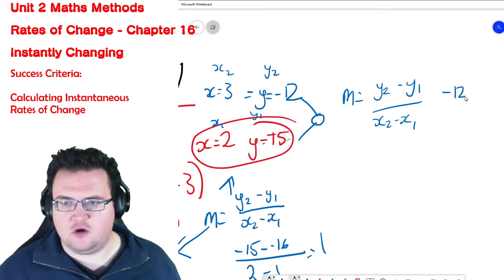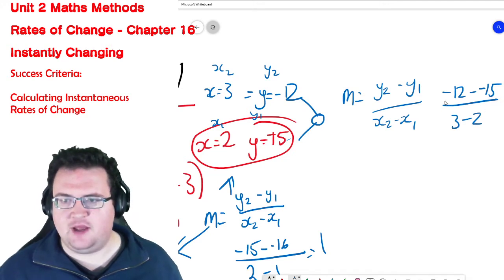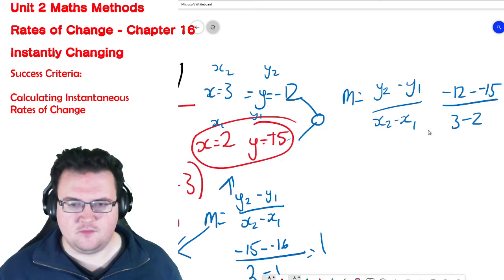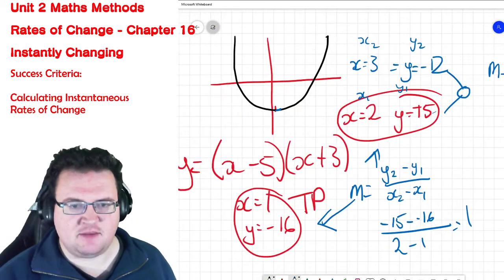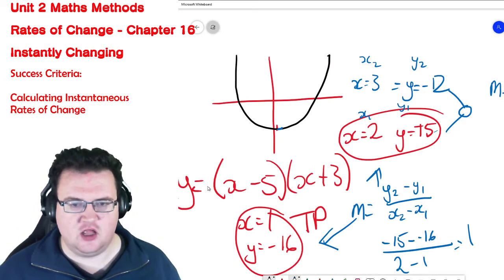So it's minus 12 minus minus 15 divided by 3 minus 2. That means I'm going to have a gradient of 3. So what you notice is that the gradient keeps changing as I look along this line.